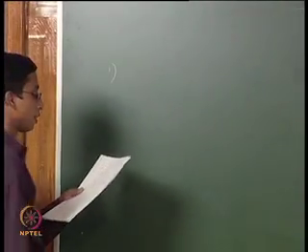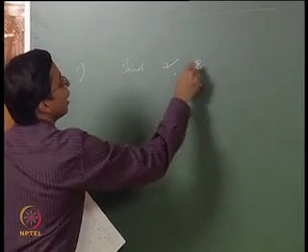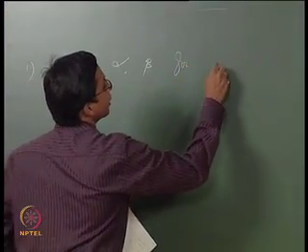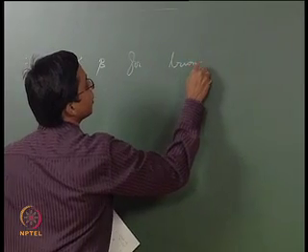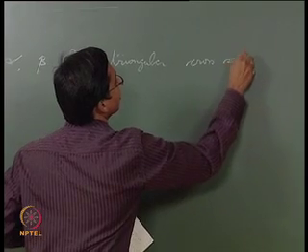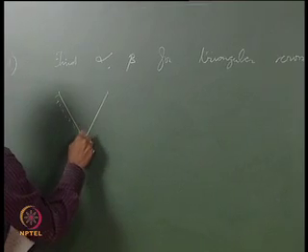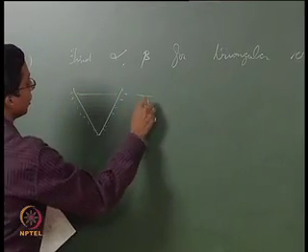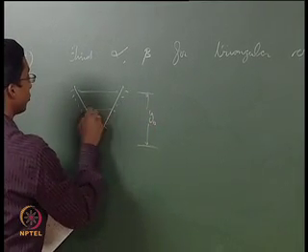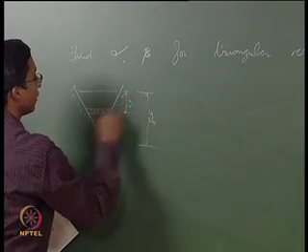The first question is, find alpha and beta for a triangular cross section. Depth of flow is given as y naught, and for any arbitrary point the depth will be y.